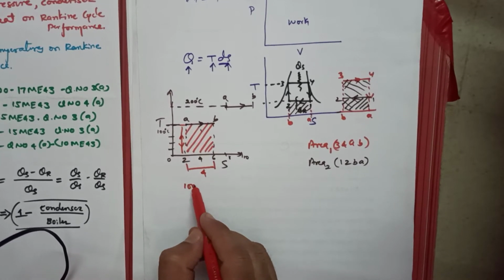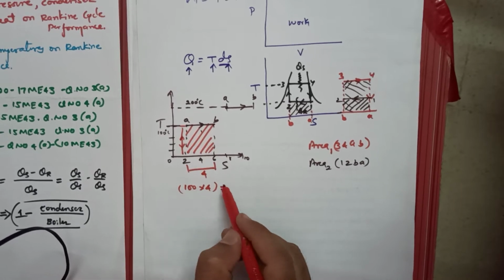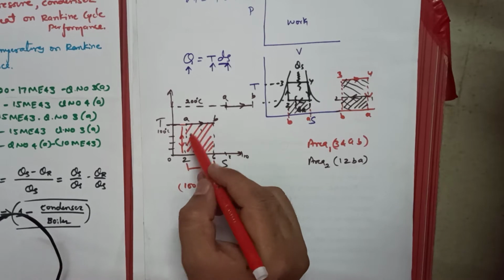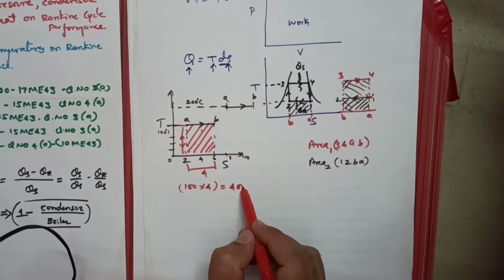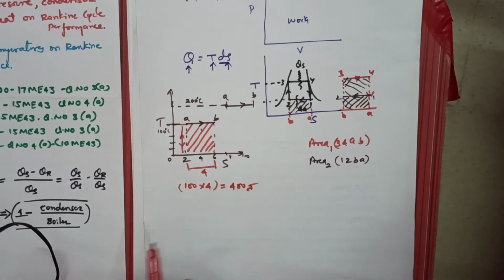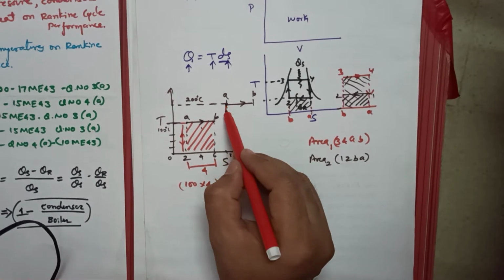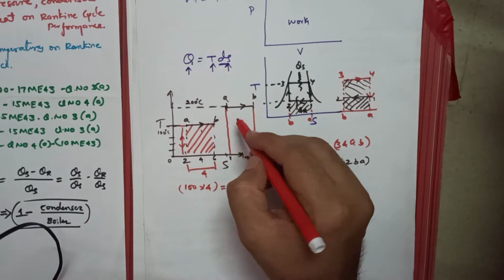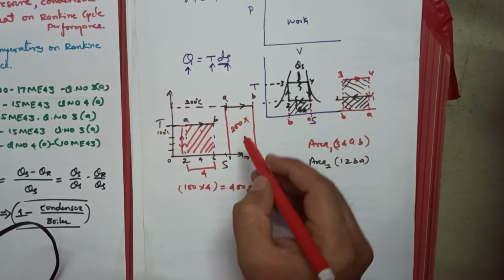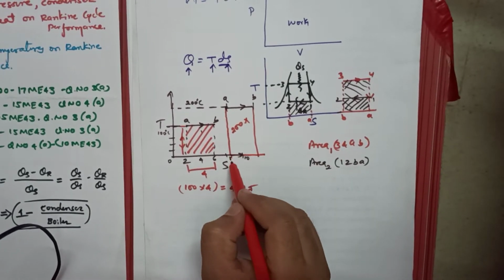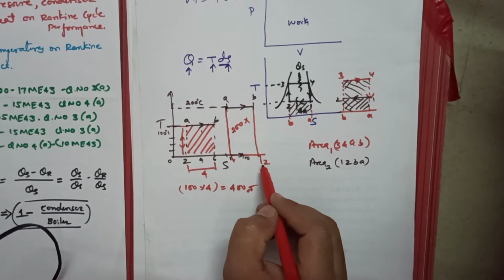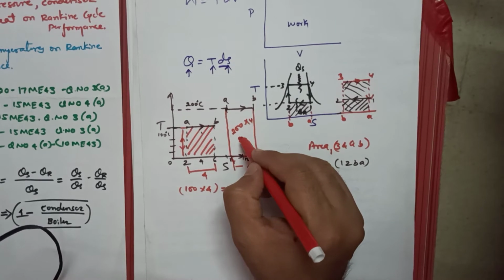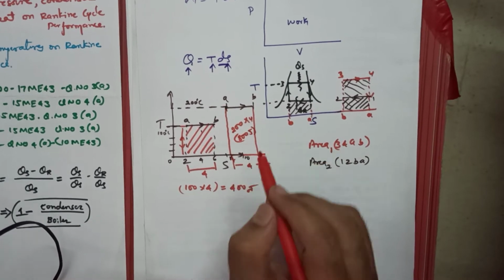So 100 multiplied by 4 is the area below this curve. So that is 400 approximately. Just an example, 400 joule. Similarly, you calculate the area below the curve for this temperature: it will be 200 multiplied by, here it is 8, 10, 12, so 12 minus 8 is 4. So 200 into 4, that is 800 joule.